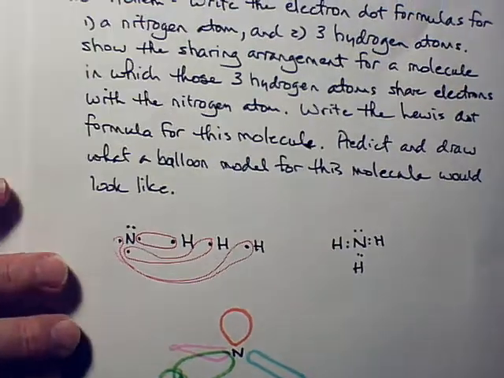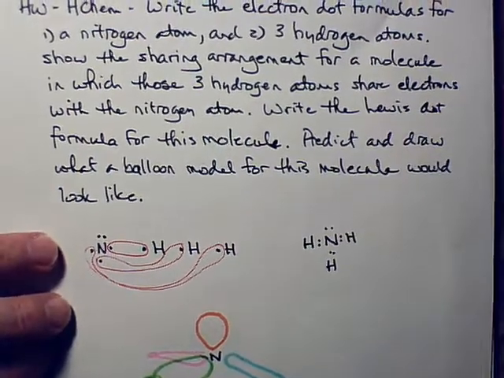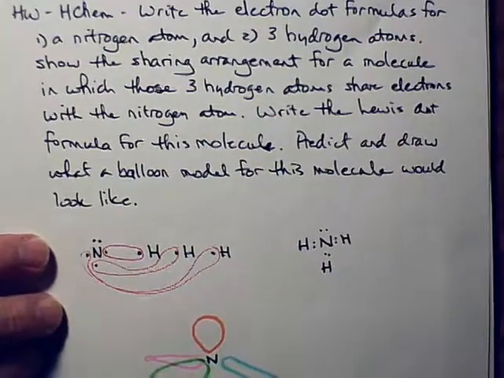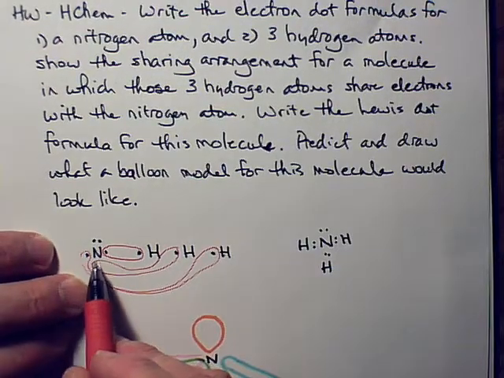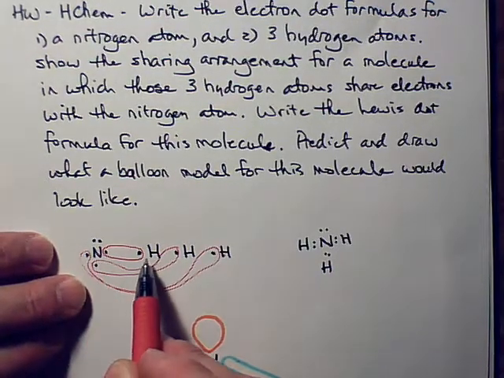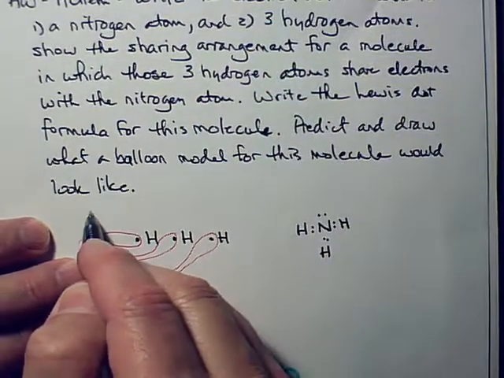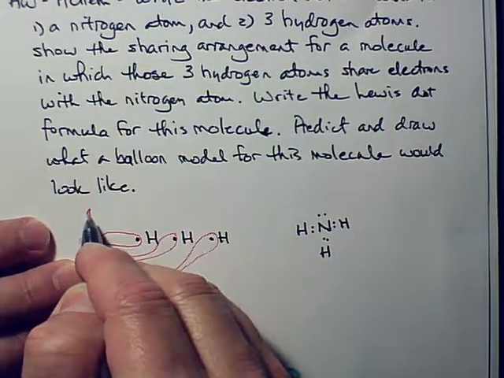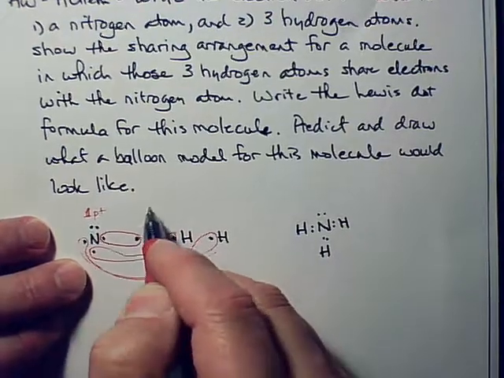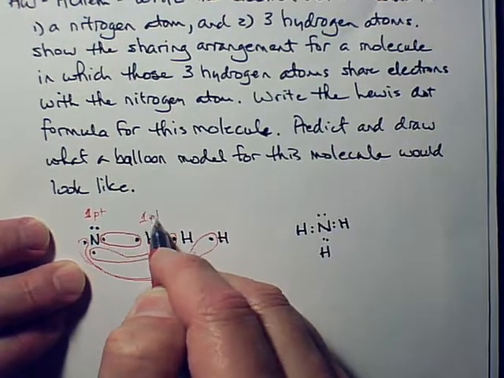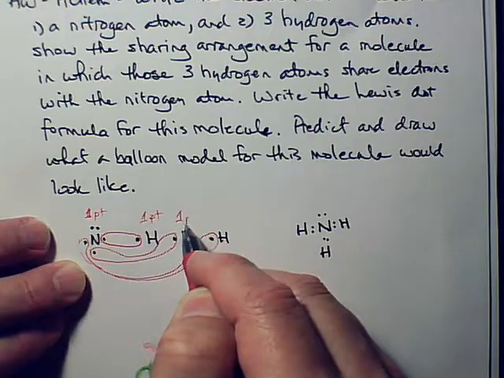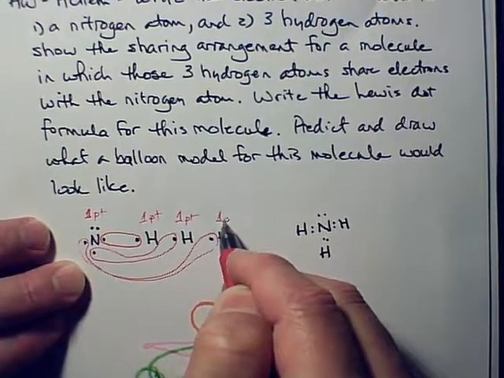Okay? All right. So let's talk about a grading system for this then. You need all of these electron dot formulas. That's what it said to do. And so I want to give a point to this electron dot formula, and a point for this electron dot formula, and 1 for this one, and 1 for this one.